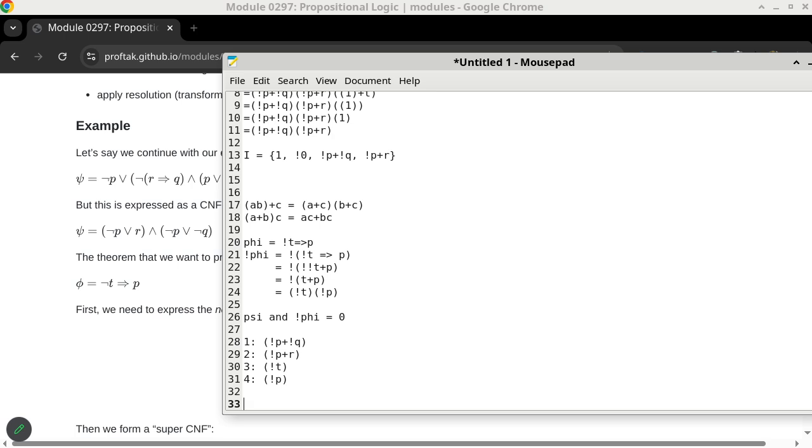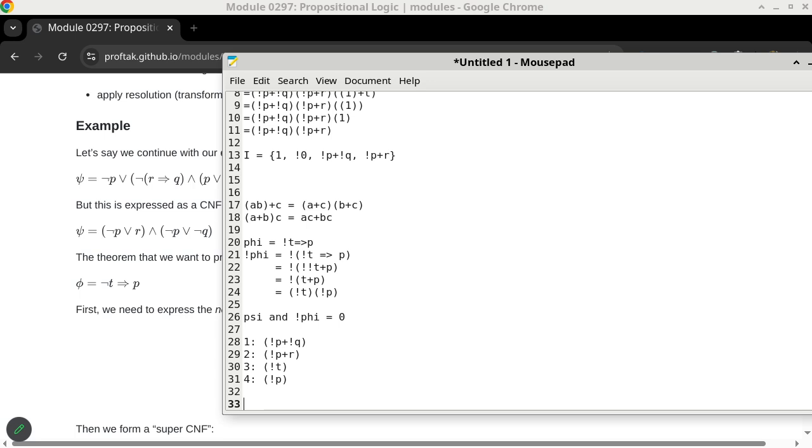In other words, out of the four expressions that we have, do we have a situation where one of them has a variable that is not negated, and the other one has the same variable but negated? The answer is nope, it is not applicable. Resolution does not even apply once.